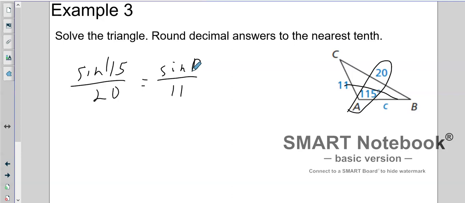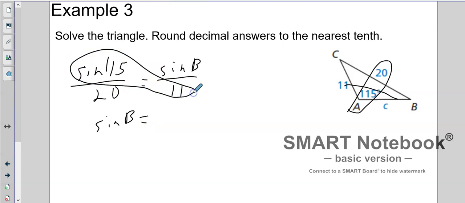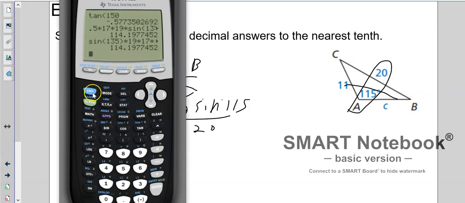So sine of B is going to be equal to 11 times sine of 115 divided by 20. And remember, if we're trying to find an angle, we must use inverse sine, second sine. So I'm going to type it in just that way.